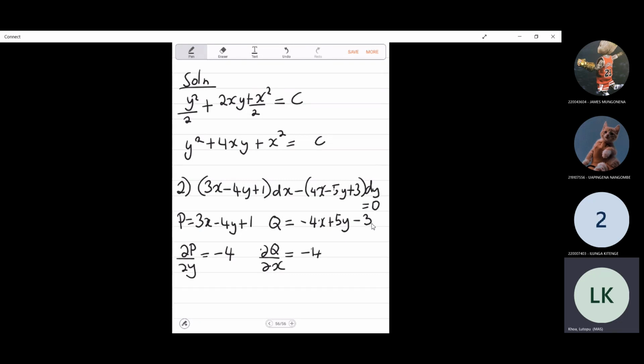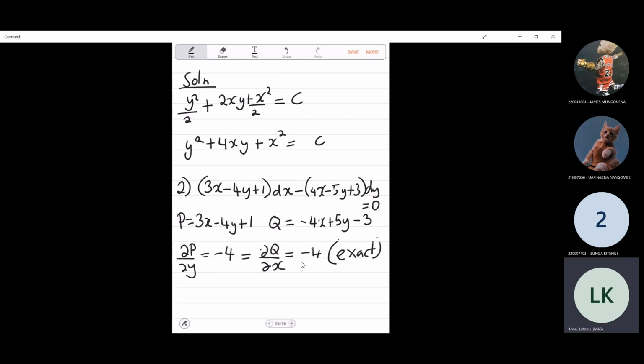And notice if I had not multiplied this inside, I would think that the derivative of this with respect to x is 4, and then that one is minus 4, and then I would think this is not exact, when in fact it is exact. Okay, so these two are equal. This means that it is exact.